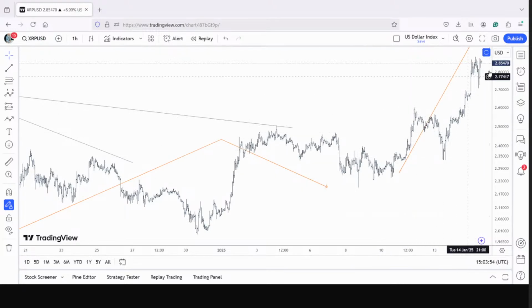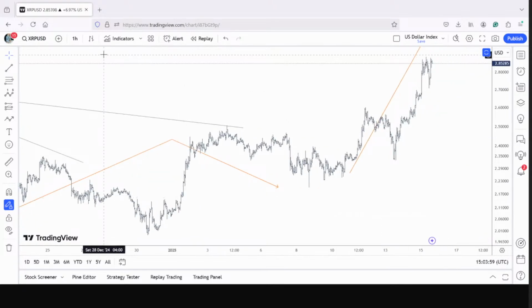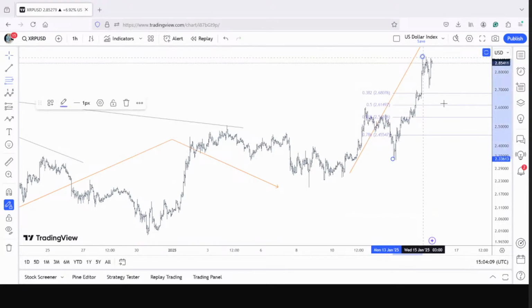There is a sideways wave four acting. If we follow that path, nothing is going to go wrong. This guy is preparing for a pullback, ideally, and the pullback is expected to end somewhere around 2.6, at least 2.6.